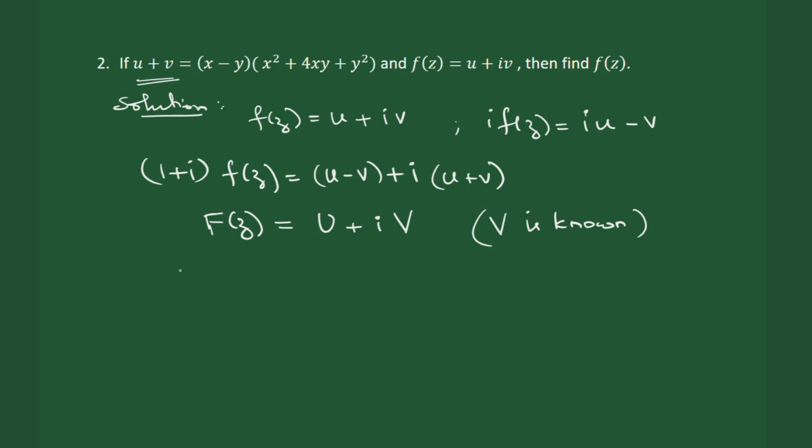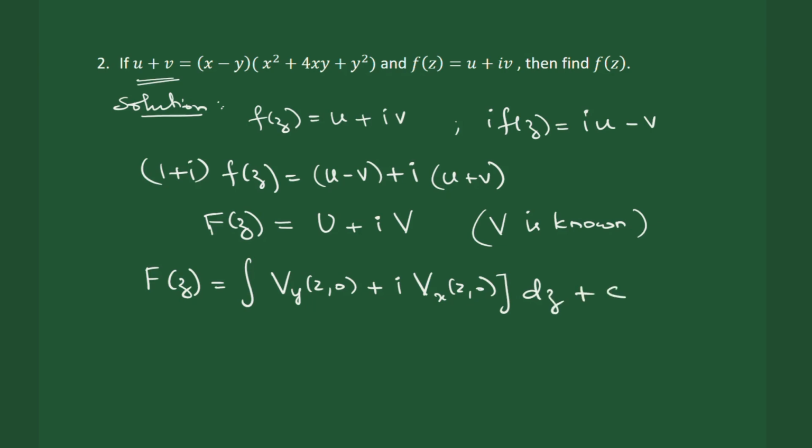Now we have to remember the formula to construct the analytic function if V is known. If V is known, the formula to find the analytic function F of z is equal to the integral of Vy of (z comma 0) plus i into Vx of (z comma 0) dz plus c. So this is what we have to find.